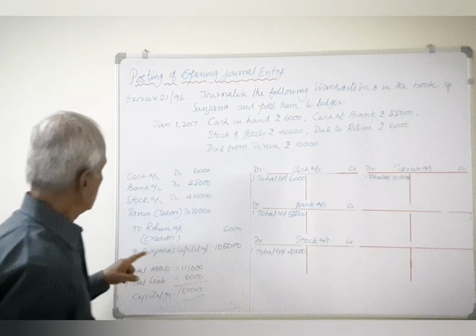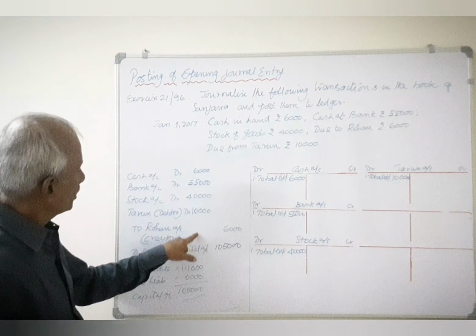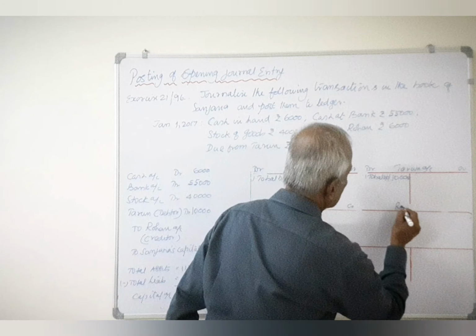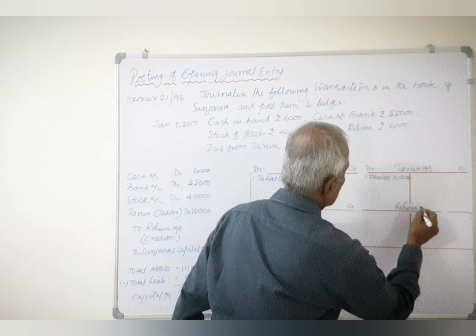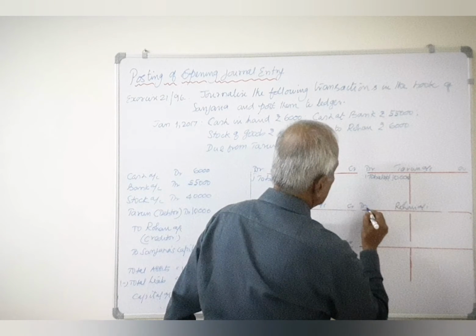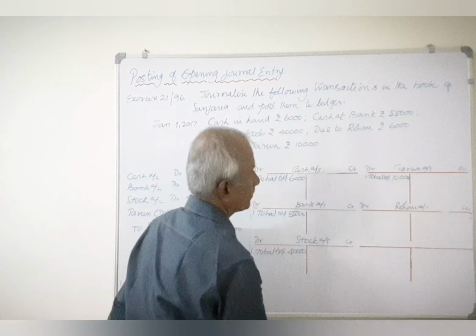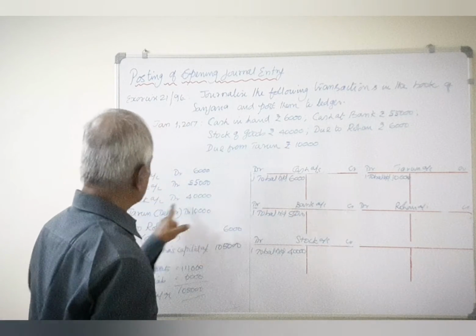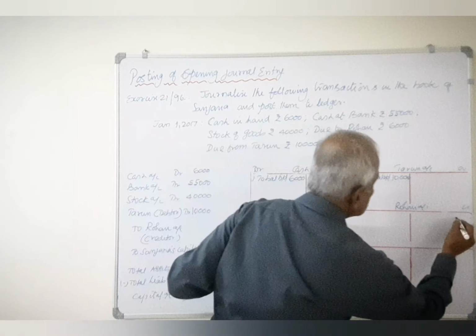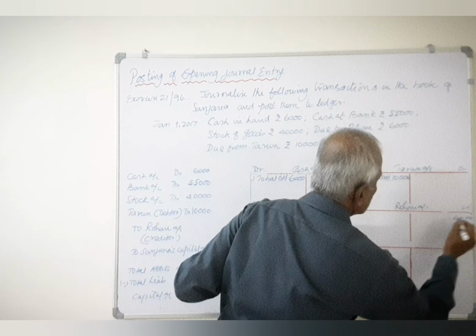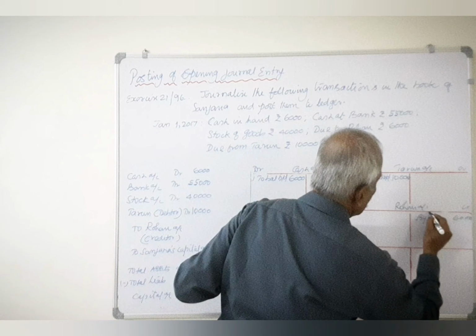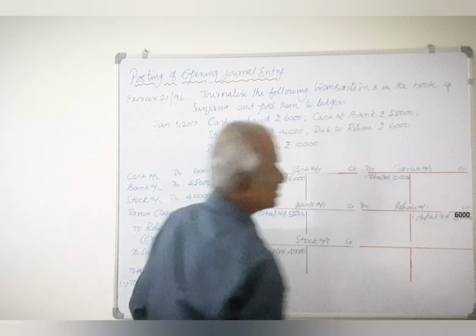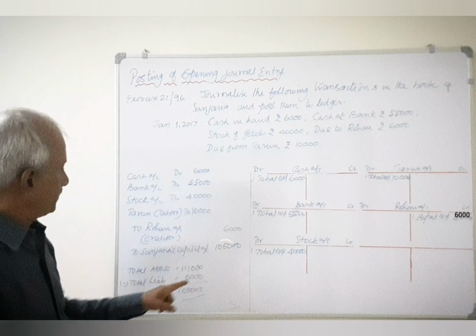To Rohan account. So on the credit side of the Rohan account 6,000. Open Rohan account. This is debit side, this is credit side. So credit side of the Rohan account 6,000. Against it you write by balance brought down, because credit side always begins with the word by.